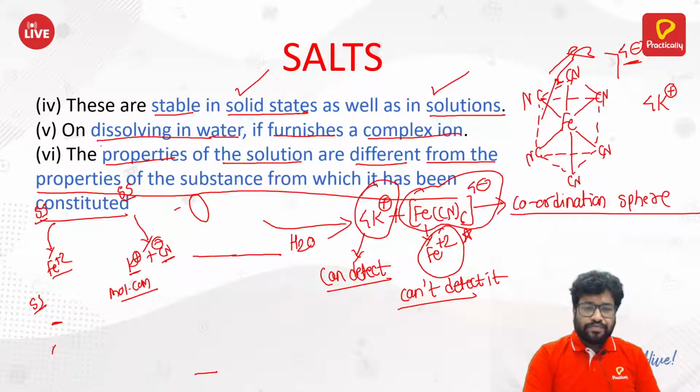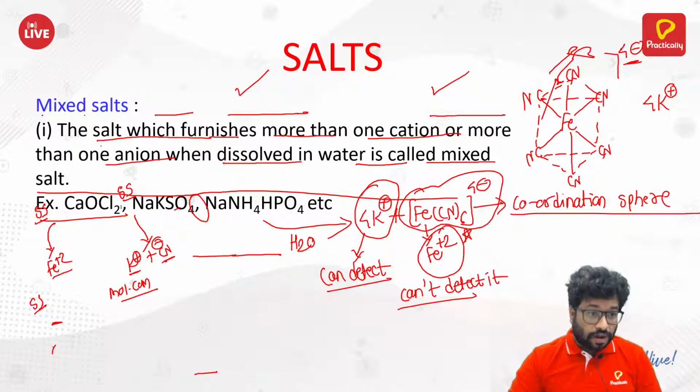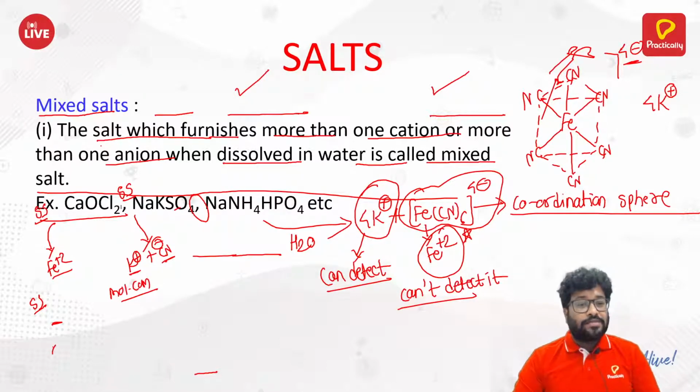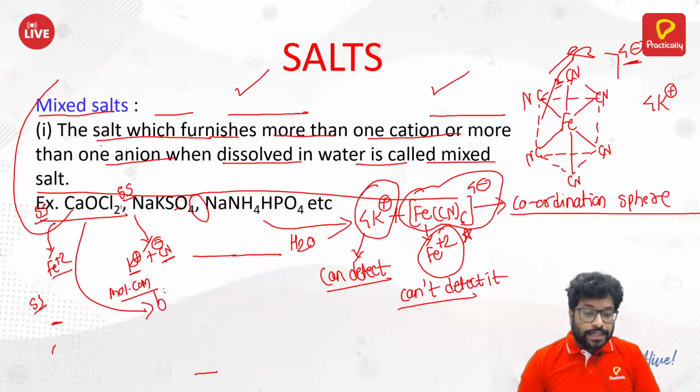Okay. So lastly, the mixed salt. What is the mixed salt now? See, a mixed salt is the salt which furnishes more than one cation or more than one anion whenever dissolved in water. For example, CaOCl2. This is also called bleaching powder.